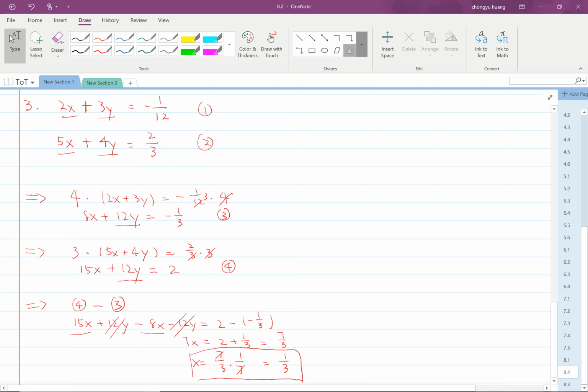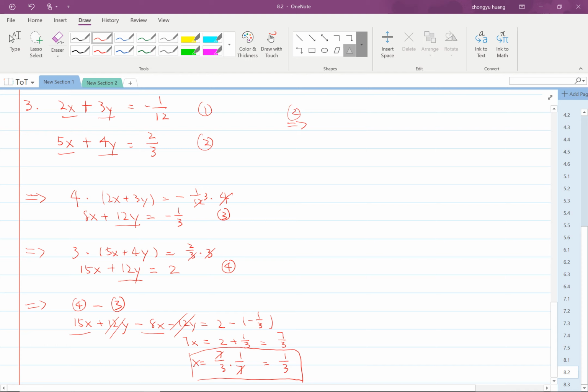I think both of them are not quite easy, there's no way to find y right away. So both equations are fine. Over here, I'm going to plug in x equal to 1/3 into equation 2.